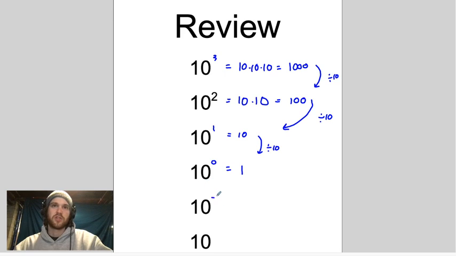That raises some questions. Okay, 10 to the minus 1, we're going to divide by 10 again. That's actually 1 divided by 10 as our answer. And then 10 to the minus 2 is equal to 1 divided by 10 divided by 10. So if you're thinking math here, that would be 1 divided by 10 over 10 over 1.